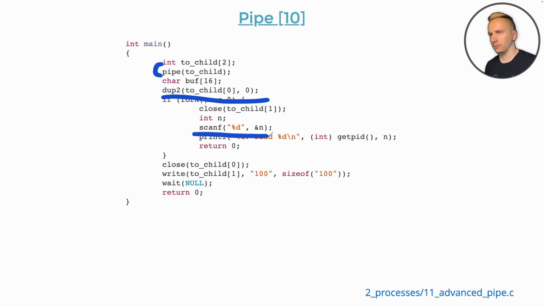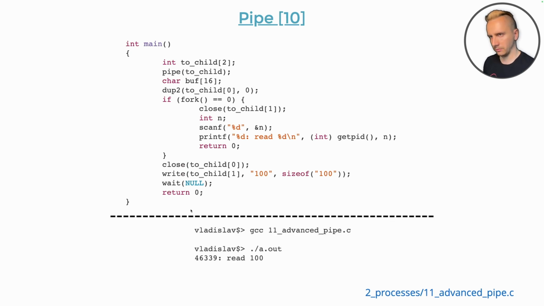And when the child process after fork will try to scanf, so read from stdin, it will actually read from the reading end of the pipe. And in the parent, I will write to the writing end of the pipe. And it will work. As we can see, in the parent process, I wrote to the pipe, and the data I read from standard input in the child process, because the standard input I replaced with the reading end of the pipe using dup2.